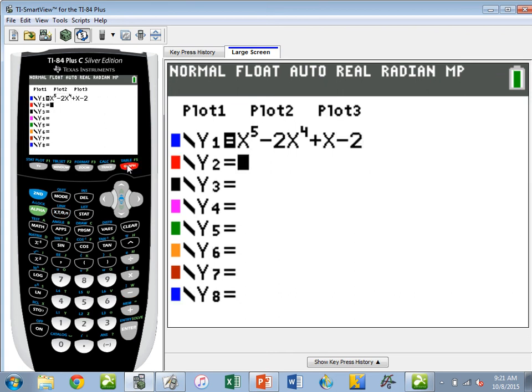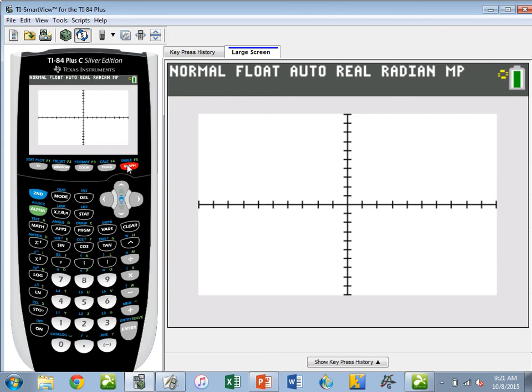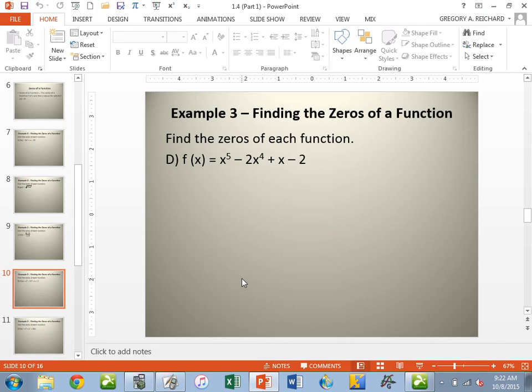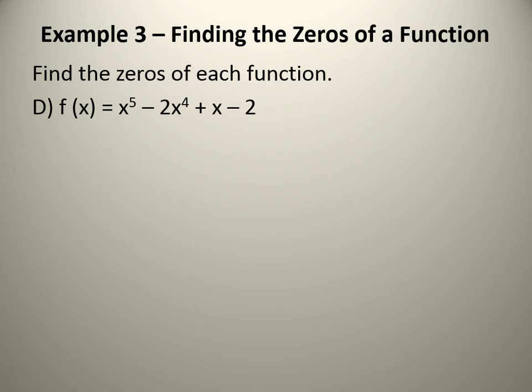When I graph this, notice the graph is only going to cross the x-axis one time, and that's going to be at positive 2. So even though it's x to the fifth, there's 5 zeros here, only one of them is real, and that's why this graph only crosses the x-axis in one spot. Just something I wanted to point out to you, because that's going to be significant for some things that you'll see down the road.